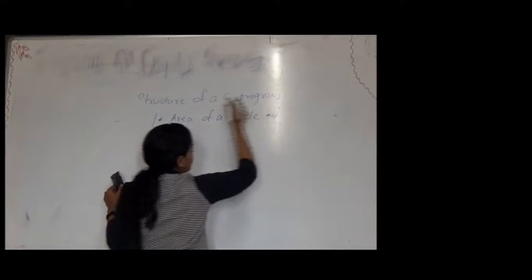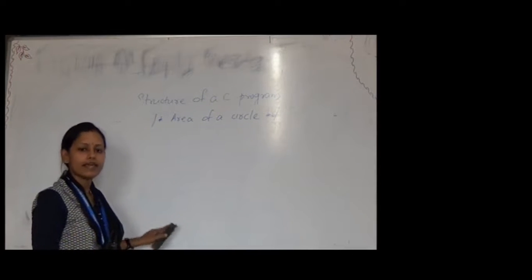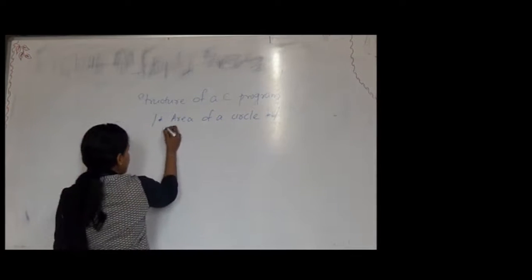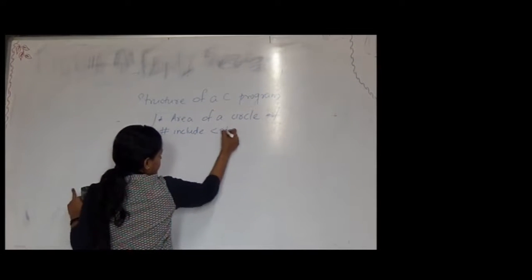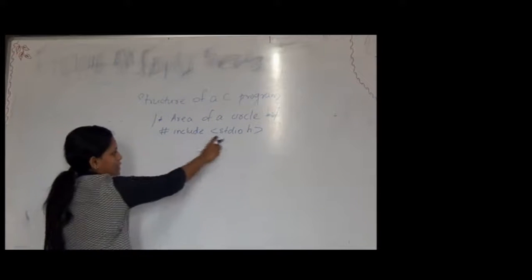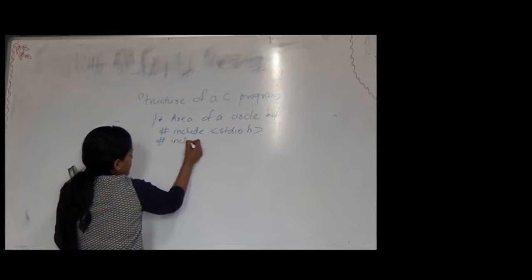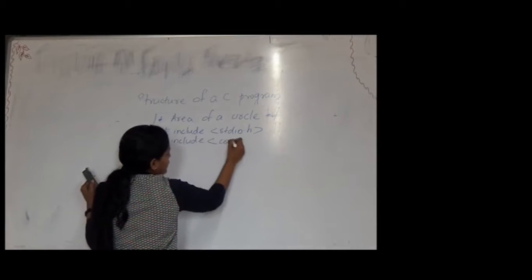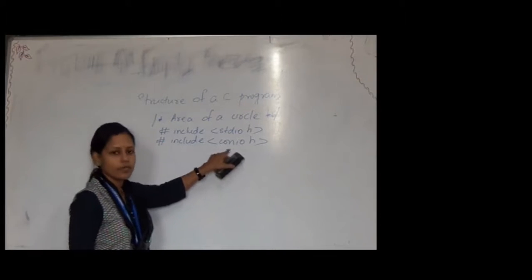That means that our program is meant for finding the area of a circle. Followed by that I am writing the preprocessor directives hash include stdio.h. stdio stands for standard input output. Followed by that we are including the header file hash include conio.h, which means console input output.